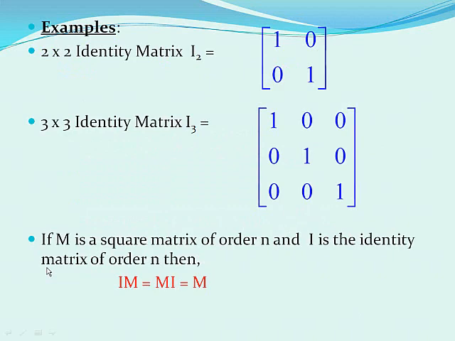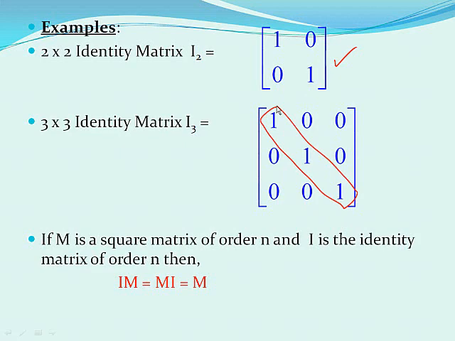Here are some examples. We have a 2 by 2 identity matrix, which is written as the matrix [1 0; 0 1], and we have a 3 by 3 identity matrix, which is [1 0 0; 0 1 0; 0 0 1]. This is what you call the principal diagonal.